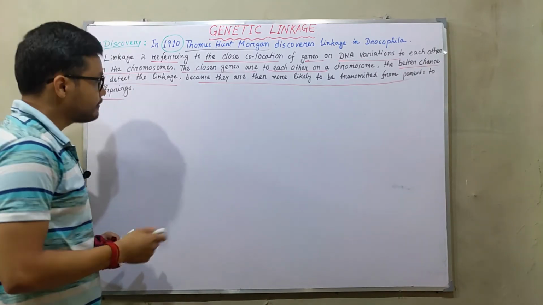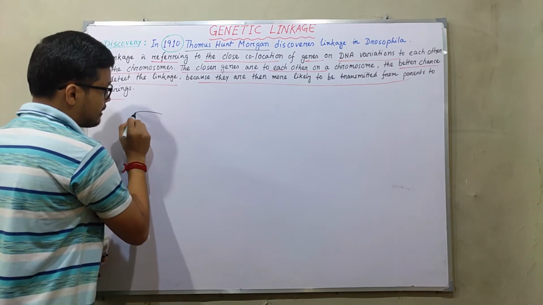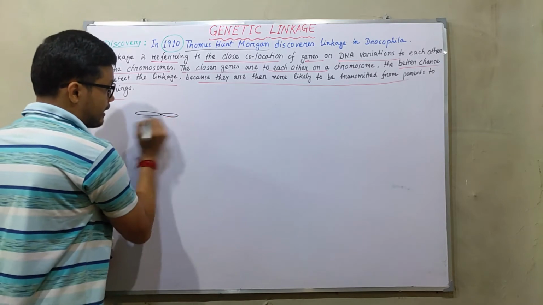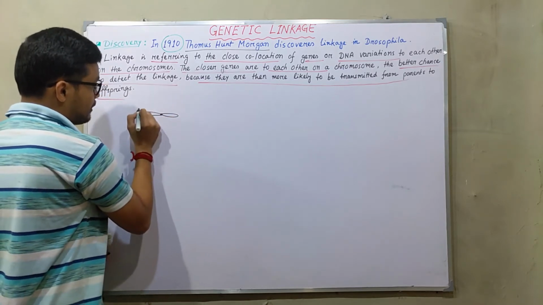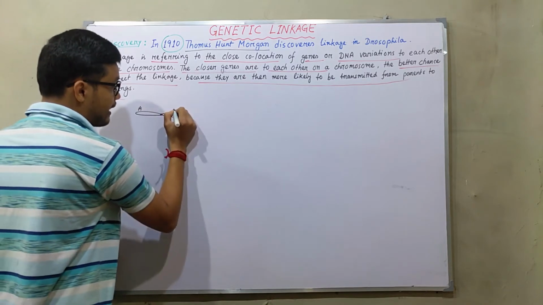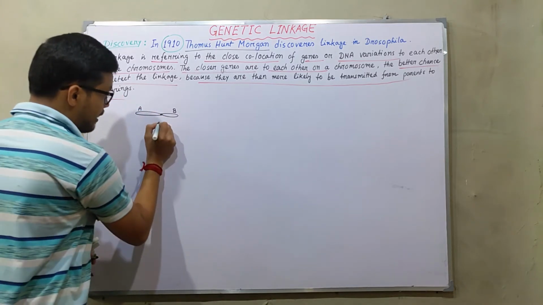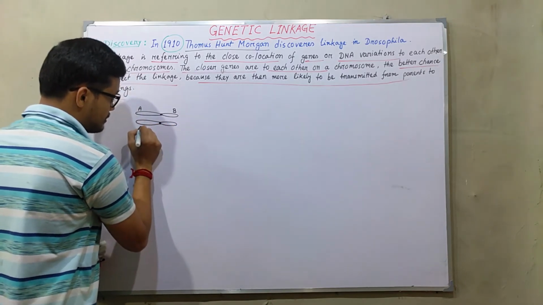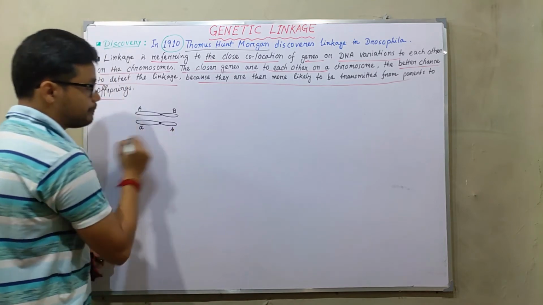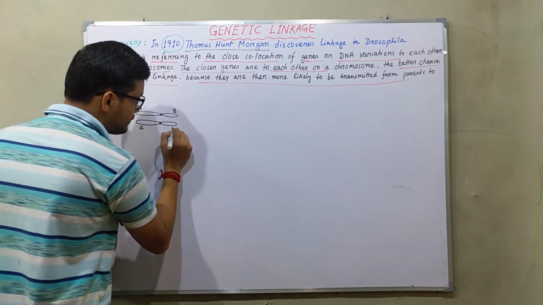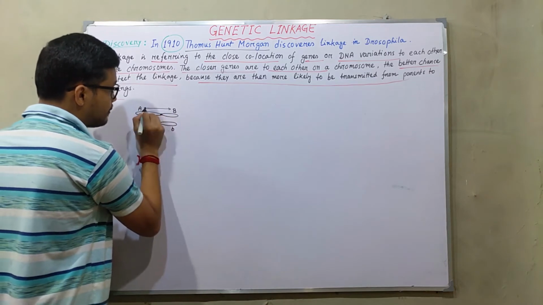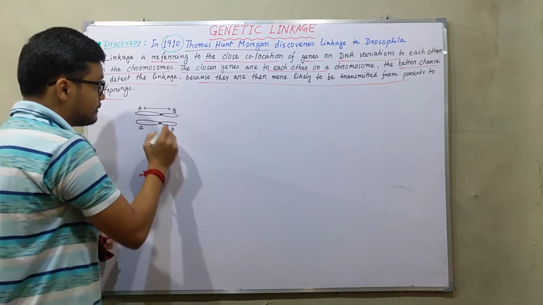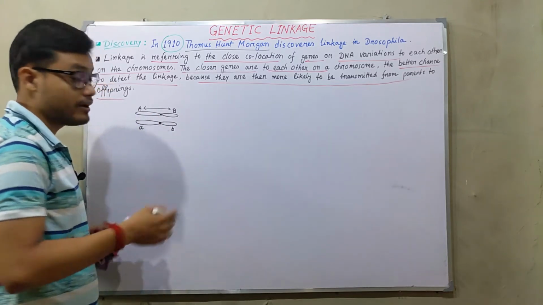If we consider this is a chromosome and this is the centromere, and this is a gene A and a gene B, and in its homologous chromosome this is a gene small a and this is a gene small b. Whenever there is a gap present between the genes, then the chances of crossing over are greater.